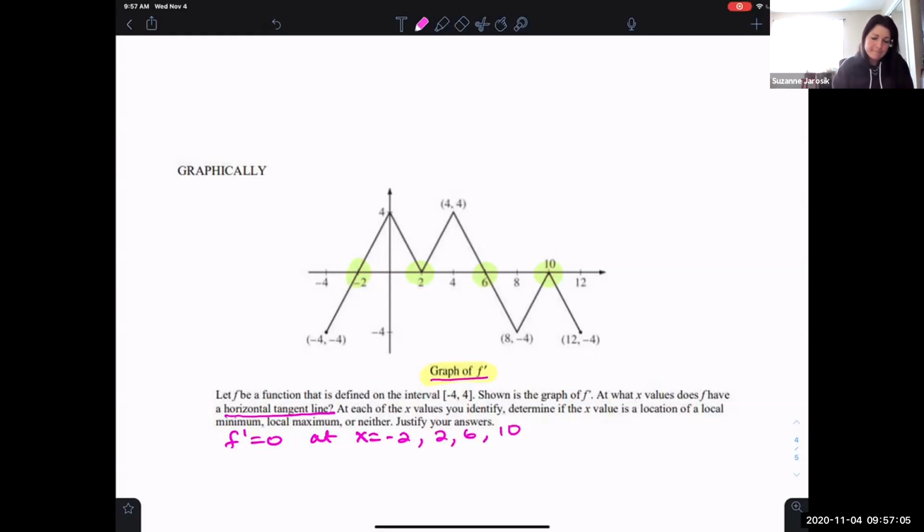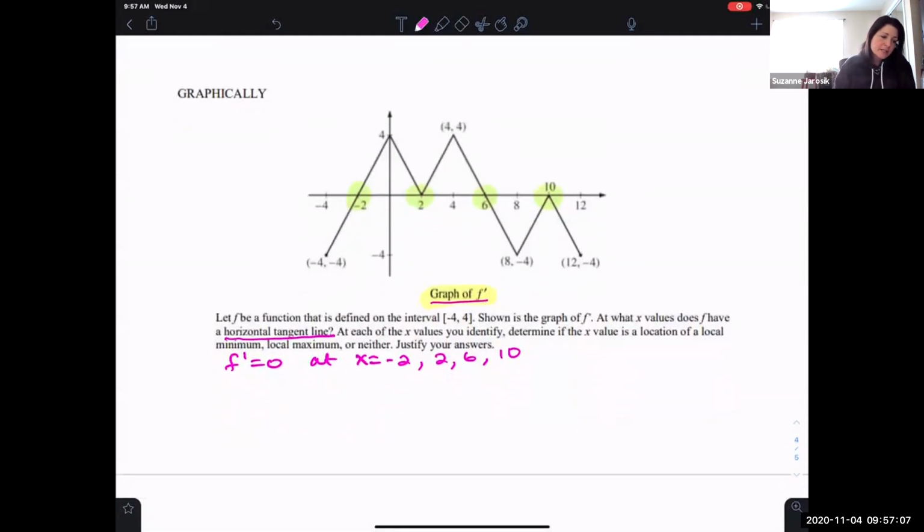Okay. All right, so if we start to talk about each one of them, probably a line about horizontal tangent lines: they happen when f prime is equal to 0. So let's see what's actually happening here. The possibilities are all 4 of these.